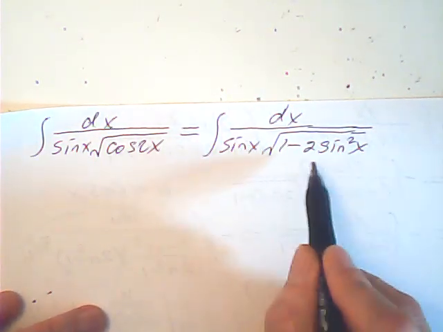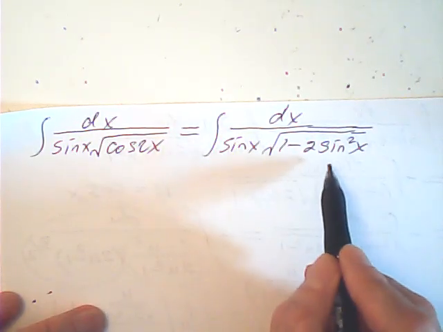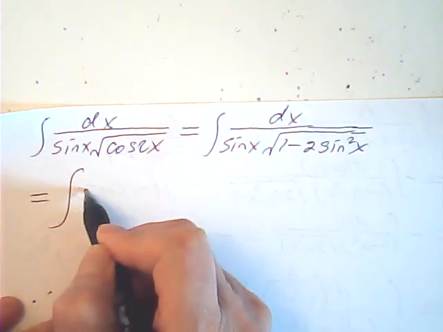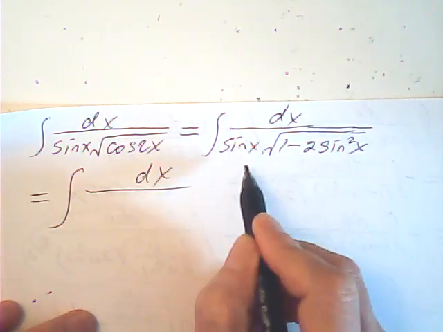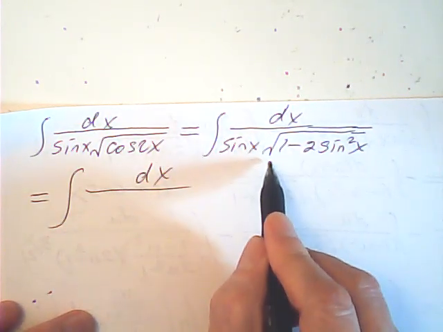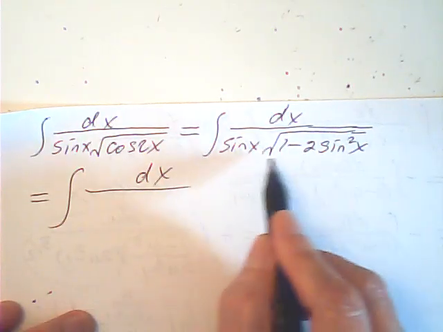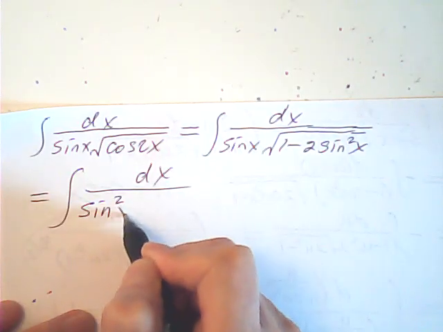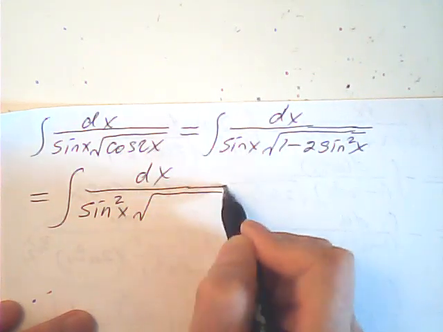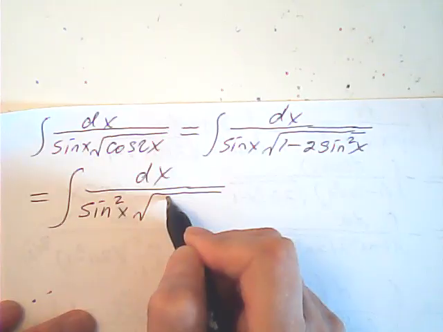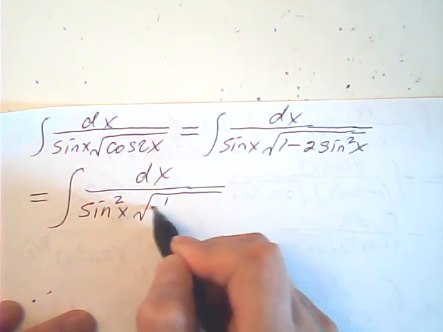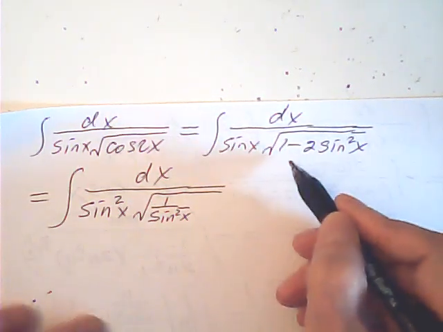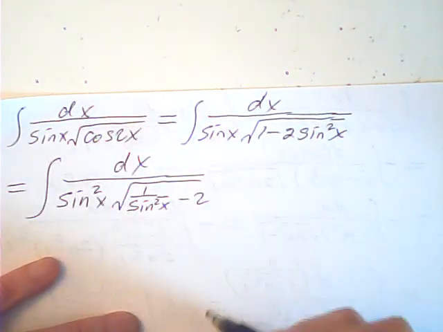Now here, I take sine out of the square root. This is dx. I take sine out, which means I take sine square out. So it becomes sine square. Take sine square out is a 1 over sine square. That is this one. And minus 2.